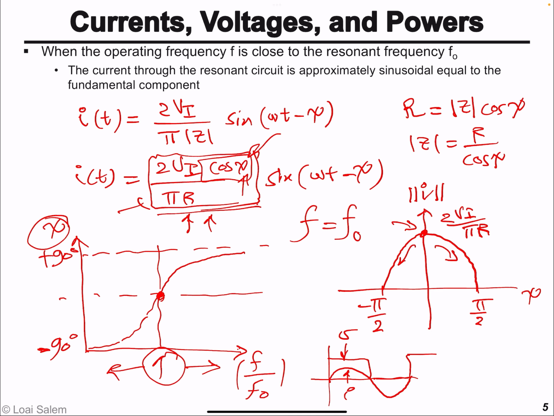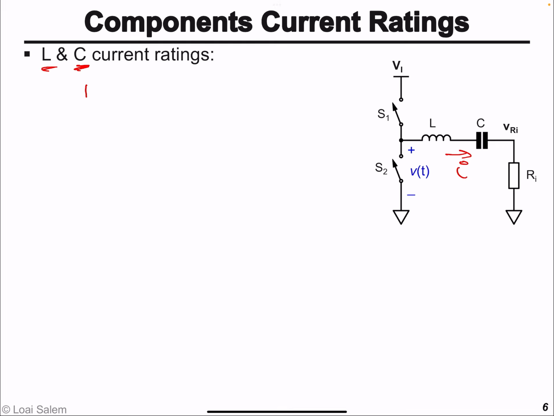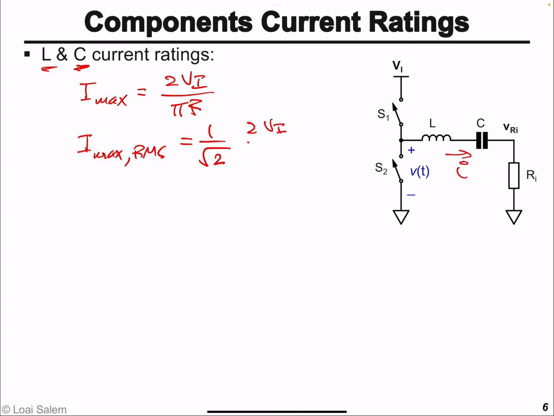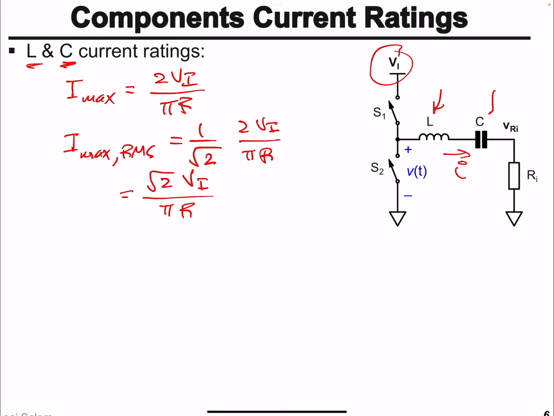So if we take the amplitude or the peak value of the current in the inductor, it will be 2Vi divided by pi times R. And its RMS rating, since it is a sine function, will be 1 over square root 2 times 2Vi divided by pi R, which is equal to square root 2 Vi, the input supply voltage for the series resonant pulse inverter, divided by pi R. And that's basically the maximum current rating required for the inductor RMS current rating, as well as for the capacitor.